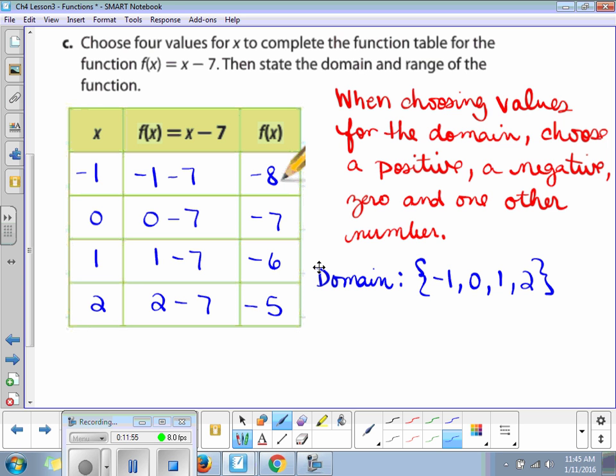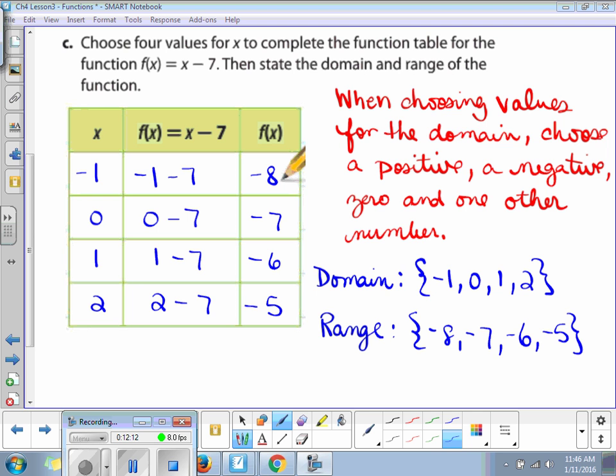And then the range, here we have -8, -7, -6, and -5. This is the domain and range for the values that we chose.